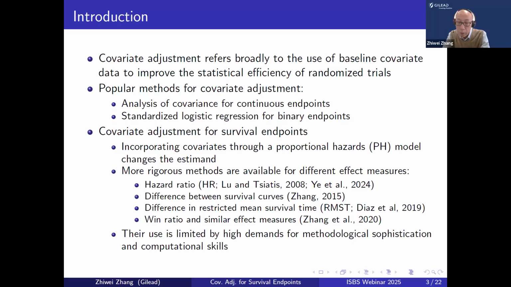The possibility of model misspecification makes it even more challenging to interpret and relate the marginal and conditional hazard ratios. More rigorous methods that aim to improve efficiency without changing the estimate have been developed for several different effect measures. And here are some examples.